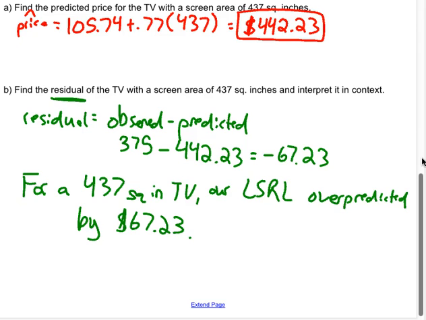Because that's how you get a negative residual. It's if your prediction is more, if you over predicted. Okay, so that's how you find residual, observed minus predicted. And then you will also have to be able to interpret what it means. What it means is for that TV, we overpredicted by $67.23.